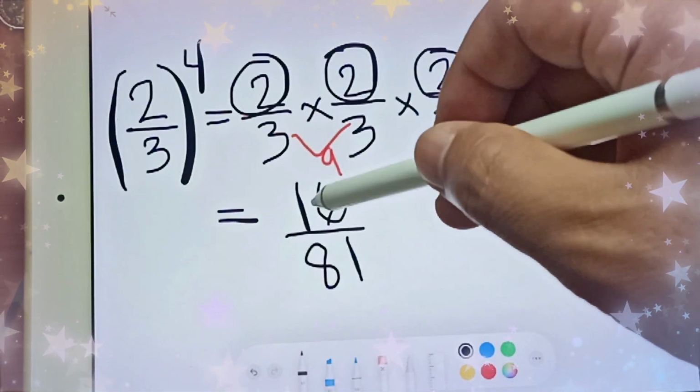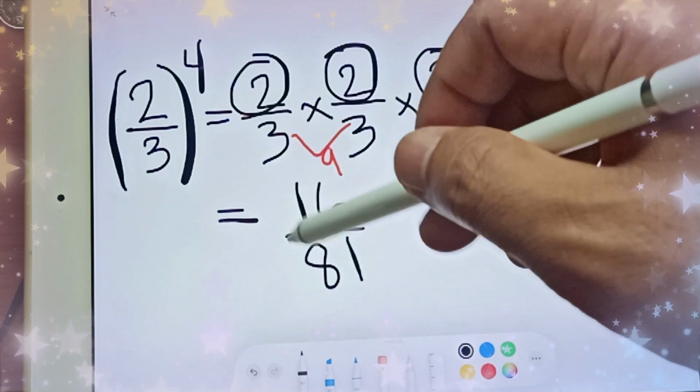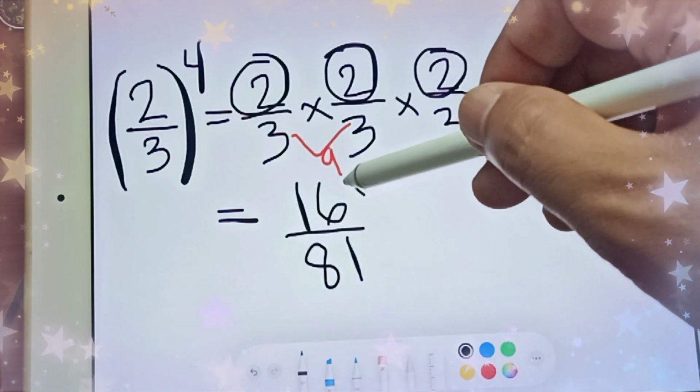And if you cannot simplify this, then leave it as your answer.